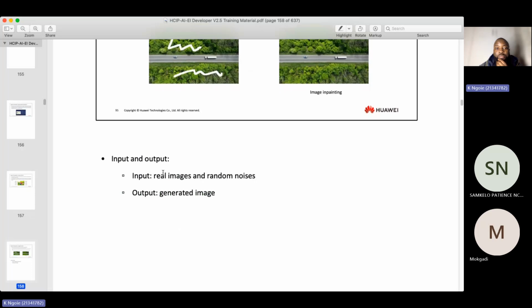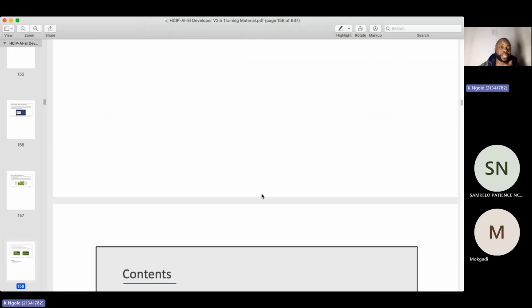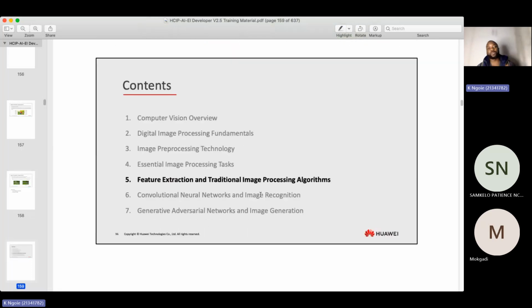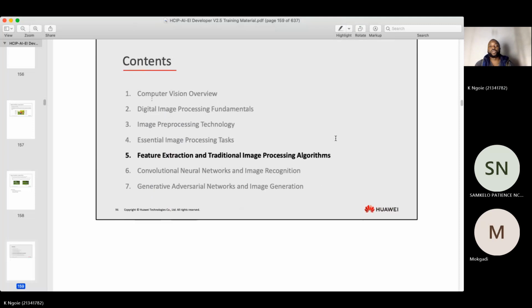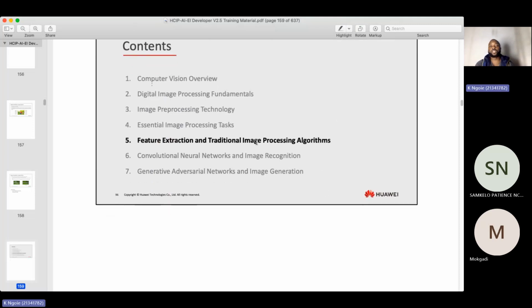So the input can be the real image or random noise, and the output will be the generated image. So that's what we are seeing nowadays with people taking people's pictures and putting them on an AI tool, and it's going to take that picture and put that person in a different environment, like generating the rest of the information.